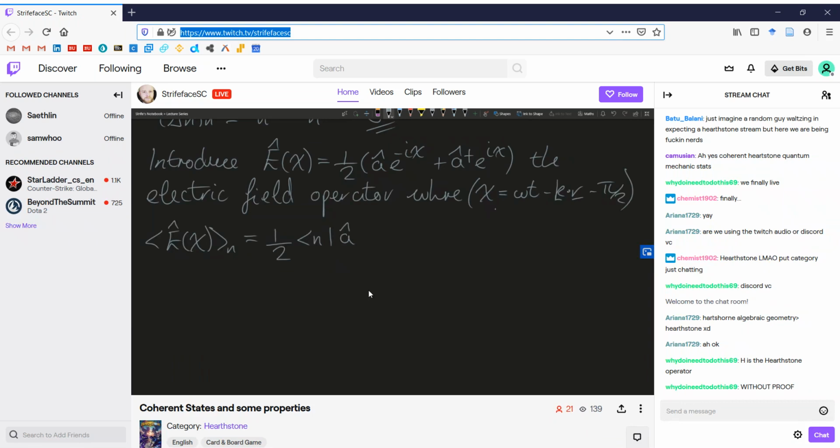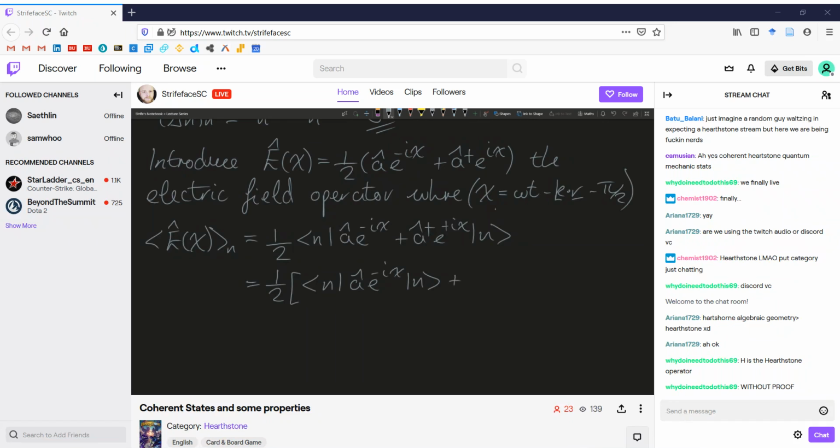Dirac notation is distributive, so I'll write it out like this, but in future I might skip it. We can distribute this to get two expressions, and we have a dagger.